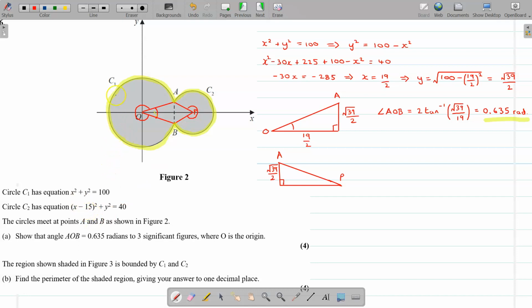Now, we know that circle C1 has a radius of 9.5, so that leaves us with 5.5. So this distance here is 11 over 2, 5.5. Because if you add that to our 19 over 2, you get 30 over 2, which is the 15, the distance between there and there.